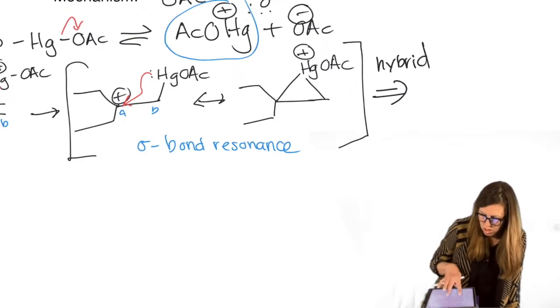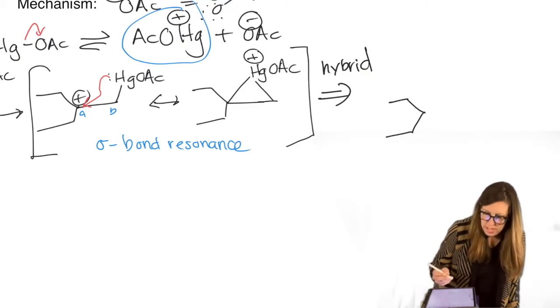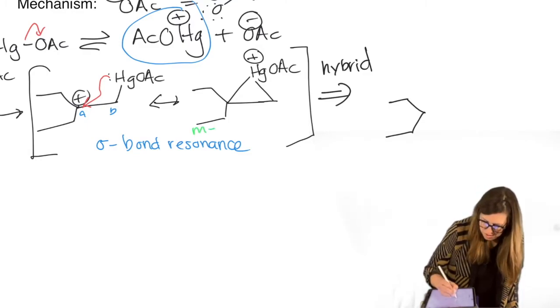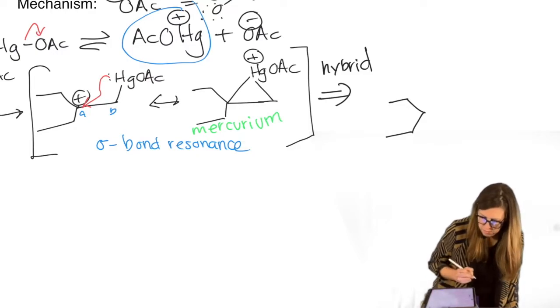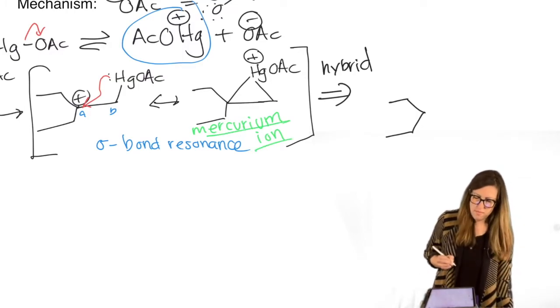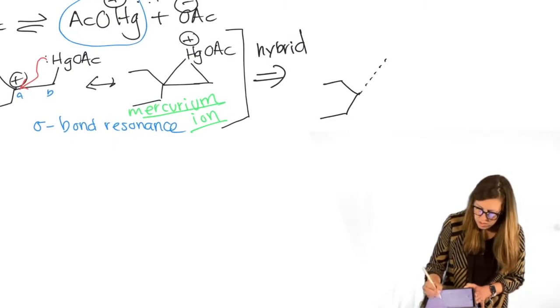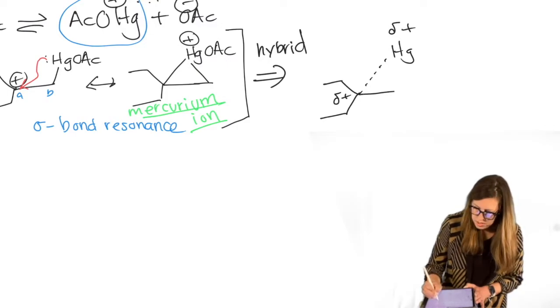So we're going to draw that 3-membered ring, which, by the way, before I go any further, it has a name also. Mercurinium ion. It's an intermediate. So the hybrid will look something like this. Dotted line, Hg, delta plus, OAc, there.